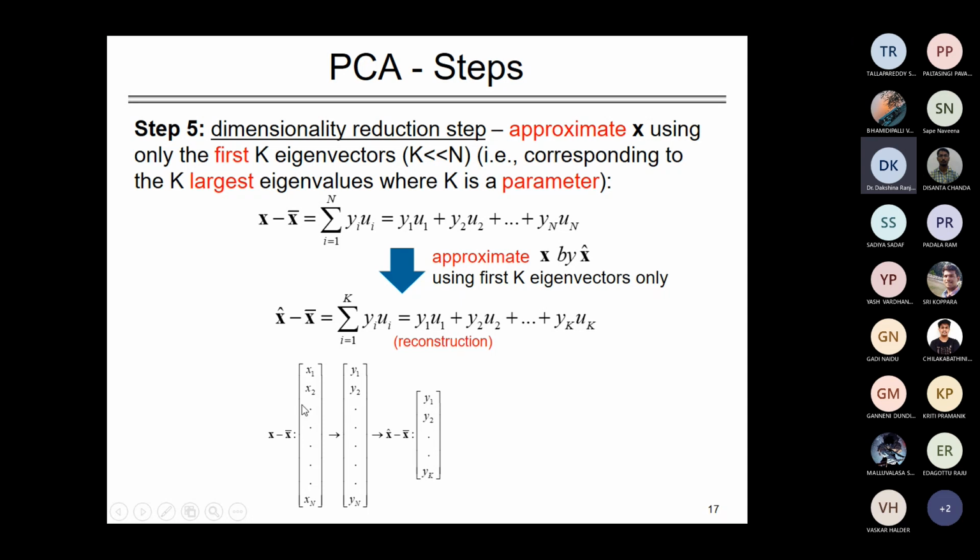So initially, we obtain a transformation from n number of features of the given feature vector to n number of features of transformed y features.